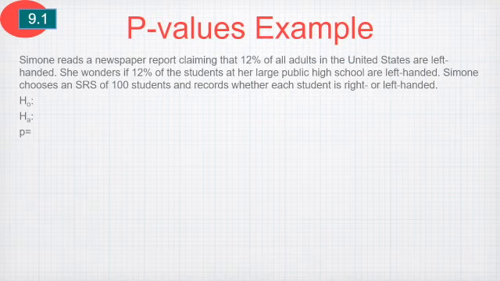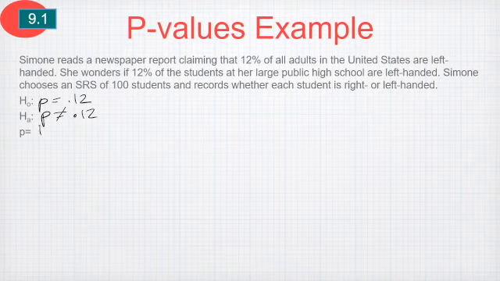So I'm going to go ahead and do this. I would say that my null hypothesis is my claim: p equals 0.12. For my alternate hypothesis, it's not telling me whether it's more than 12% or less than 12%, so I have to assume that it is both above and below, which means in my alternate hypothesis, what I think might actually be true is that p is not 0.12.